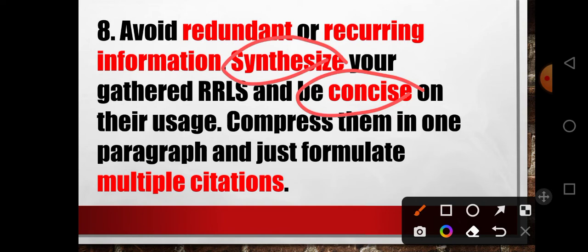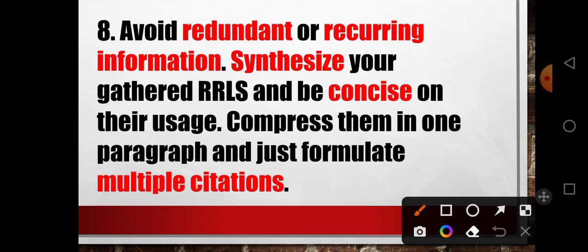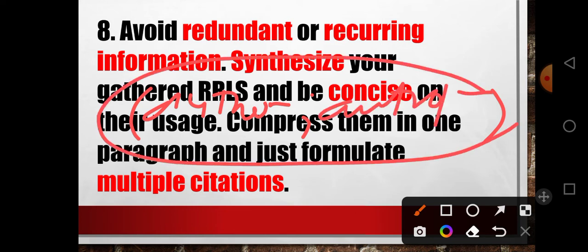You can just compress them in a single paragraph and formulate multiple citations. Okay, and when we say multiple citations, we have a single pair of parentheses, and then we separate the authors using a semicolon. Okay? And this only appears at the end of the paragraph, in a parenthetical manner.